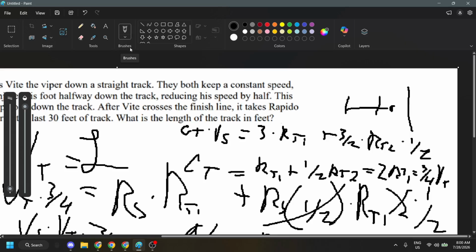Okay. So we know that crossing time times Viper speed is equal to this.